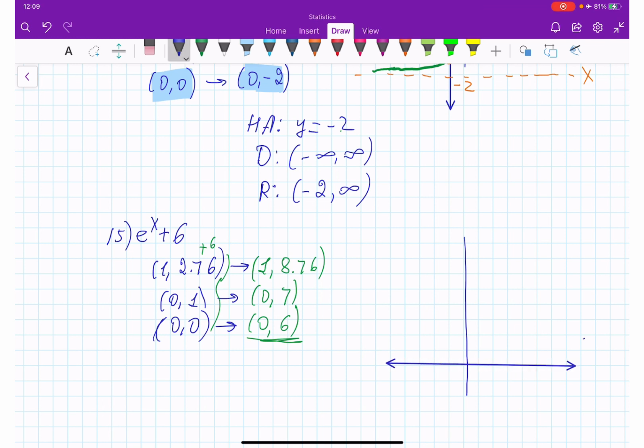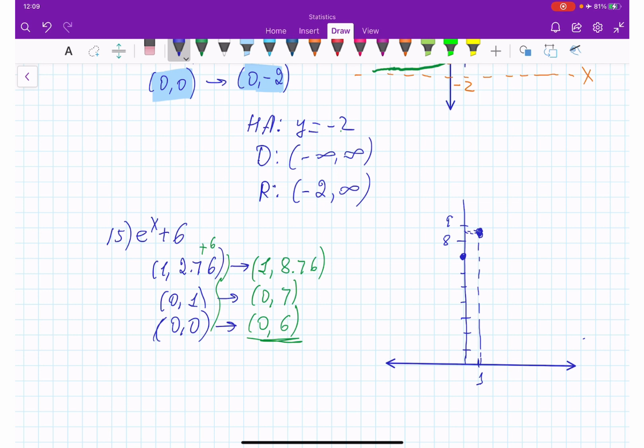So let me see, I have to get to 8 and 9. 1, 2, 3, 4, 5, 6, 7, 8, 9. Not bad. There we go. And this is my y, my x. This is 1. So 8 and 9, it's going to be here. This is 9. This is 8, so 1 is going to be somewhere here. 0 and 7, it's going to be right here.